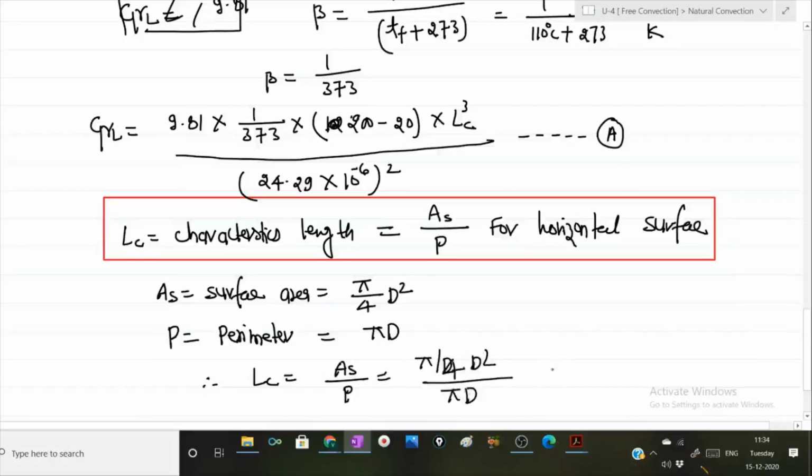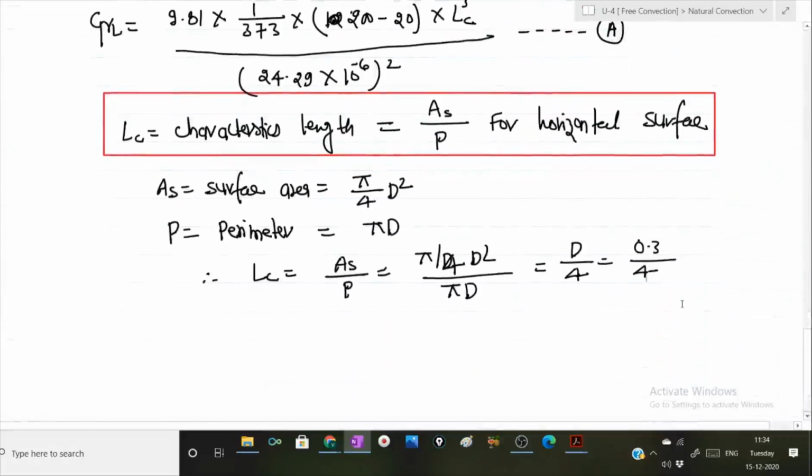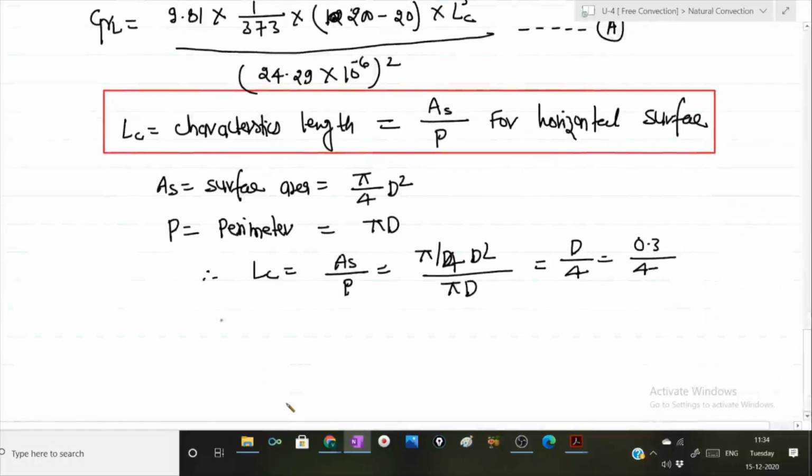So this comes out d by 4, that is 0.3 divided by 4. So characteristic length comes out 0.075 meter.